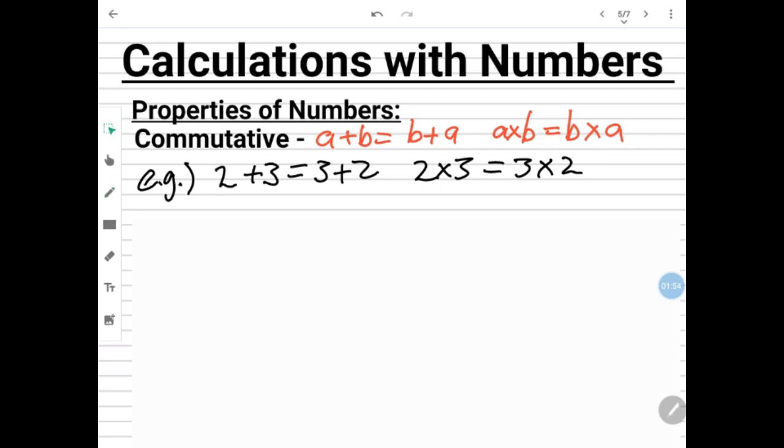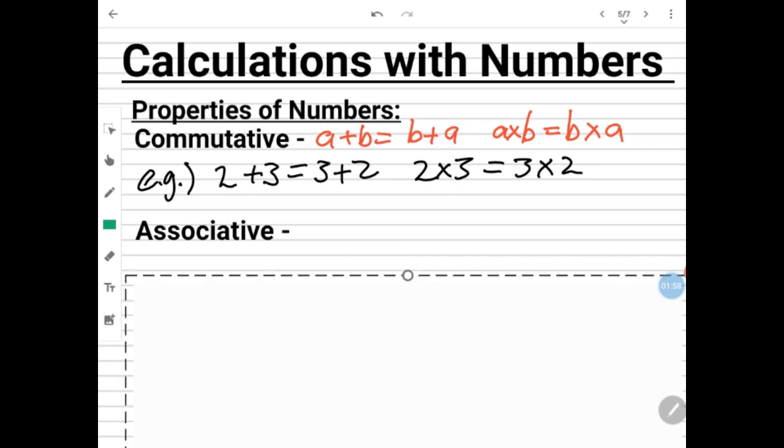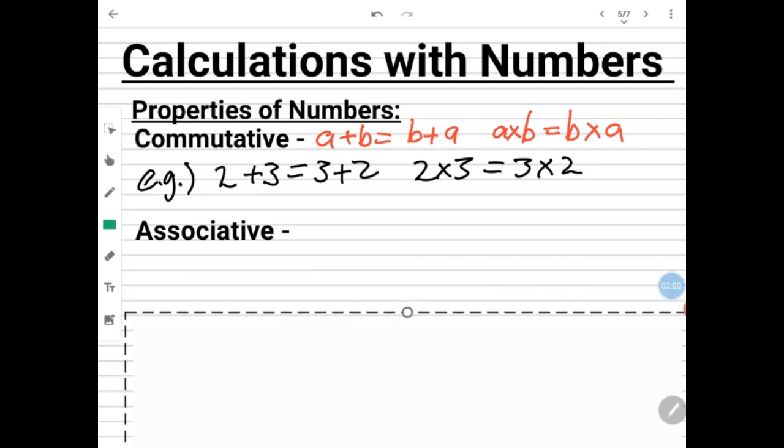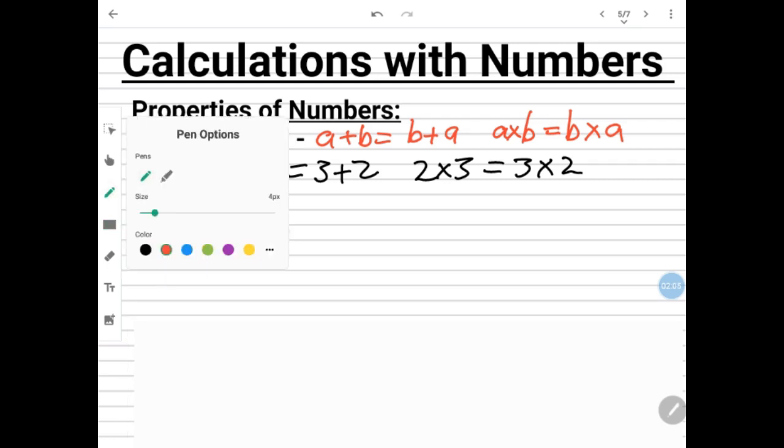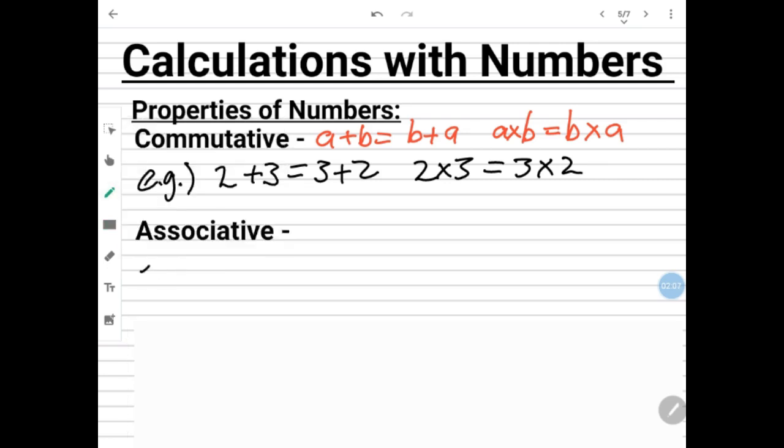Right. Now the next one is the associative property. Now let's do an example again first. Example. Right. With the associative property, we can also use addition and multiplication.